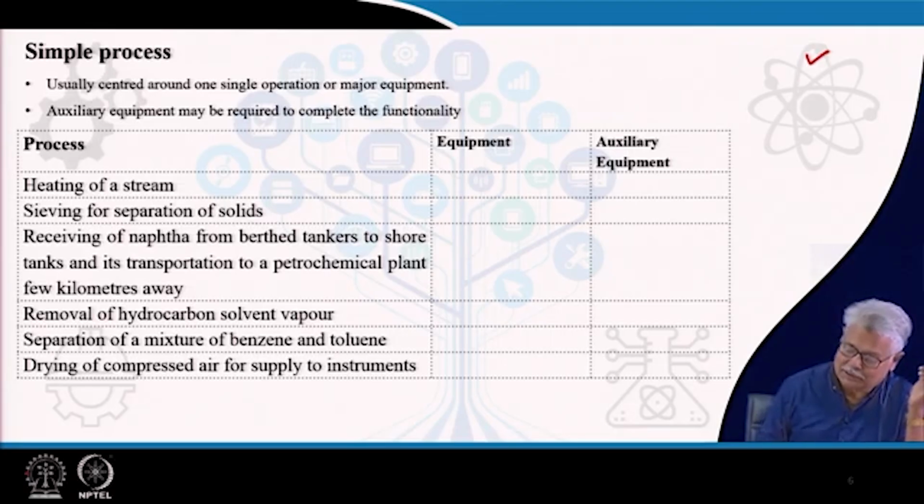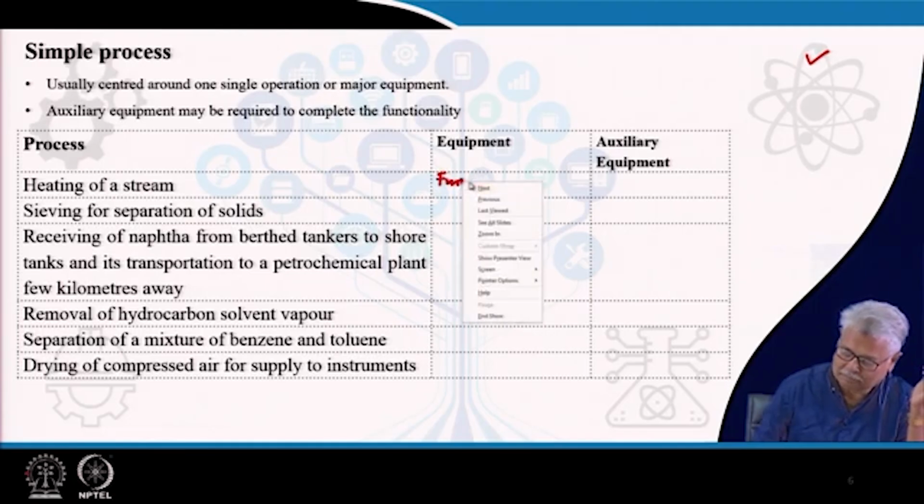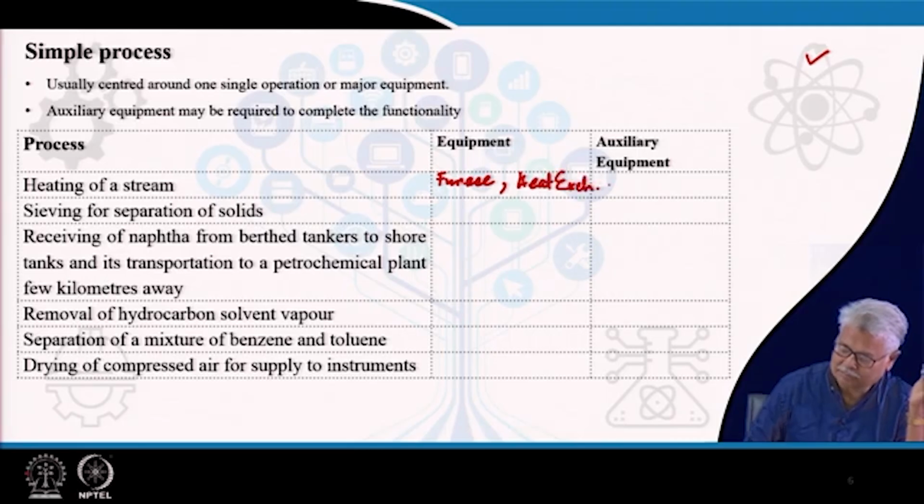The major equipment in this particular case could be furnace, or it could be a heat exchanger also. In order that the stream is flowing, we got to have auxiliary equipment. For example, we need to have the pumps and we need to have the piping.